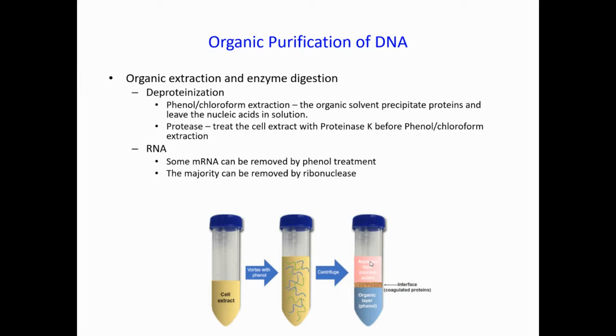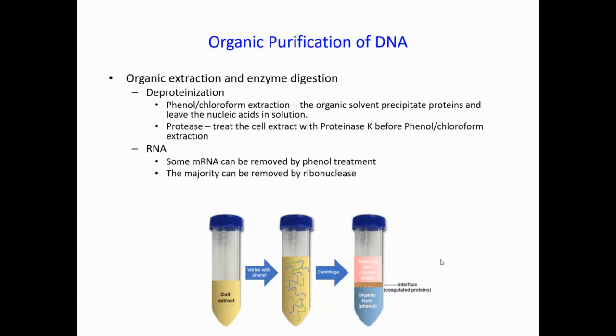So that's the first step, you use the phenol. And then in the next step, after you separate these two layers, you remove the top layer to a new tube, and mix it with chloroform, and then subject it to centrifugation. Again you will get two layers: the upper layer is the aqueous layer, and the bottom layer is chloroform.